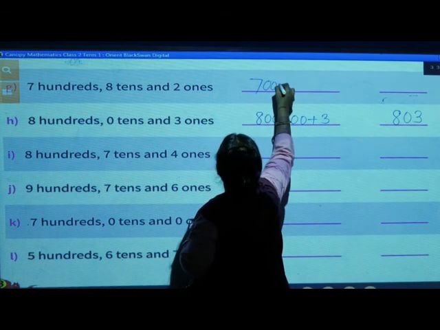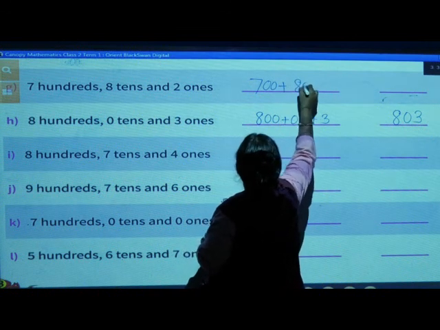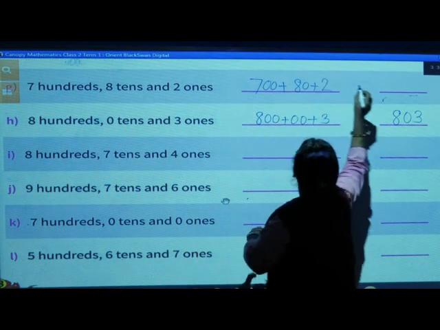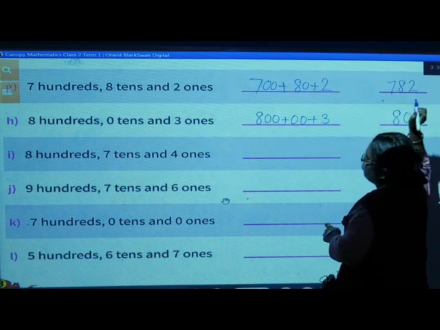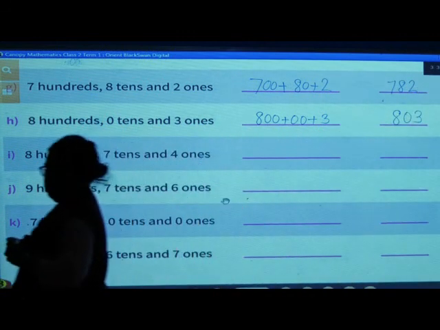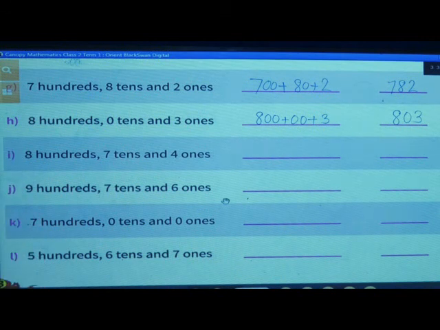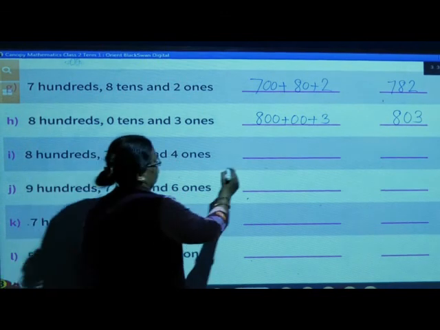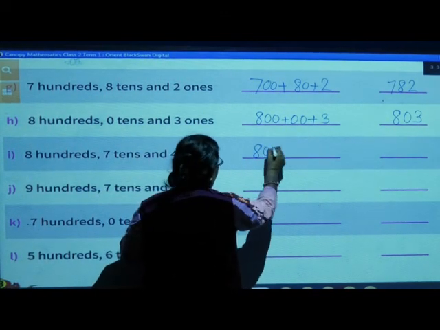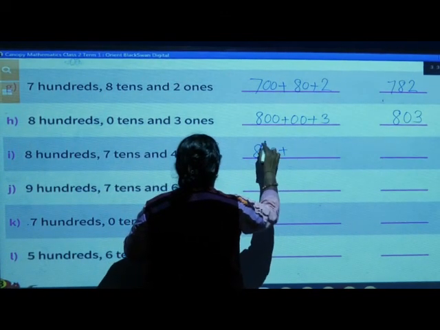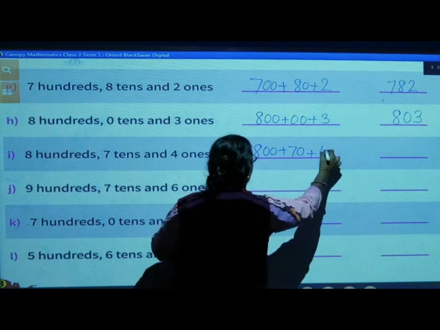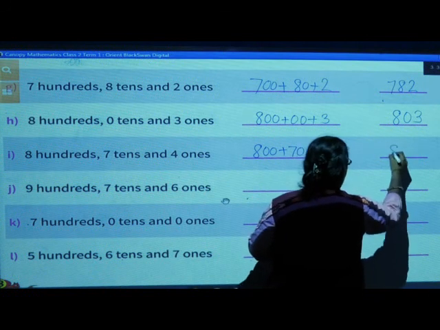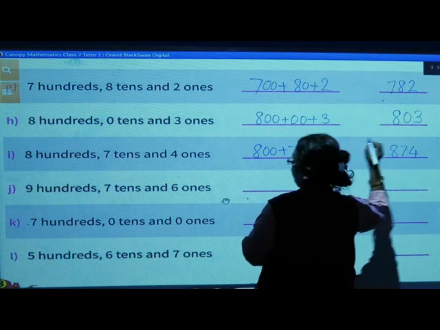700 plus 80 plus 2, 782. Then second, 800 plus 7 tens plus 4, 874.